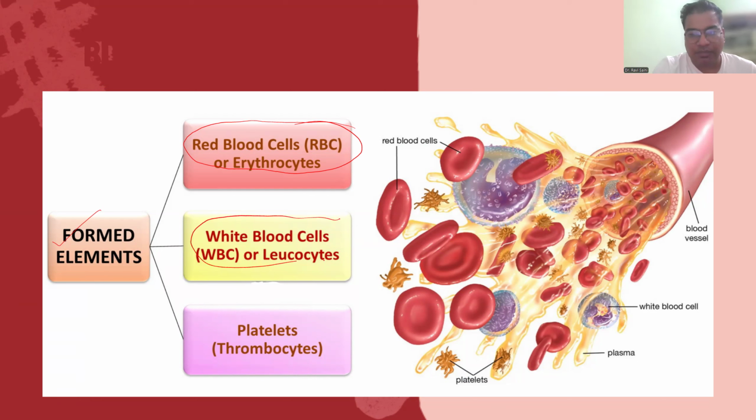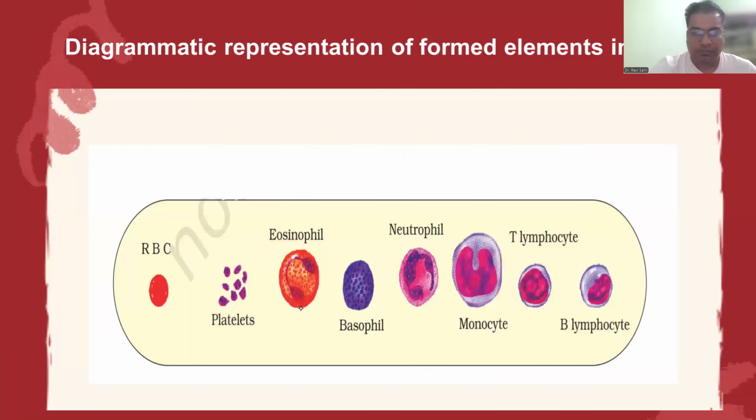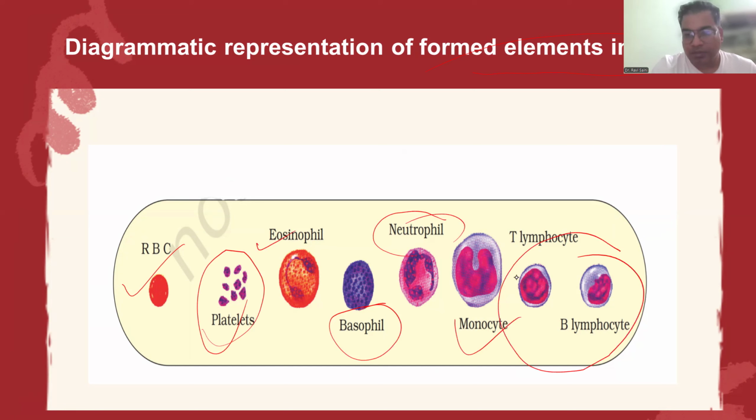The second one is the white blood cells or leukocytes, and the third one is the platelets or thrombocytes. This represents the cellular portion of the blood: platelets, eosinophils, basophils, neutrophils, monocytes, and B and T lymphocytes.